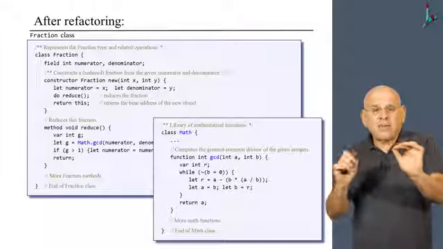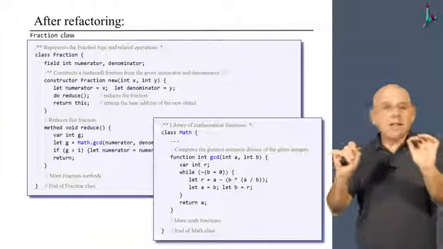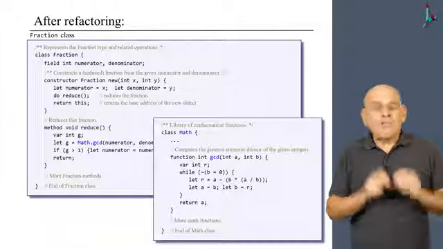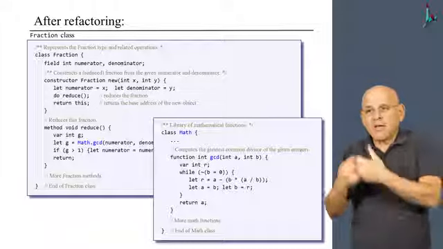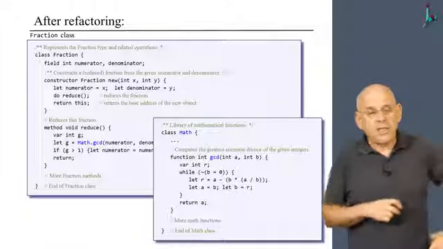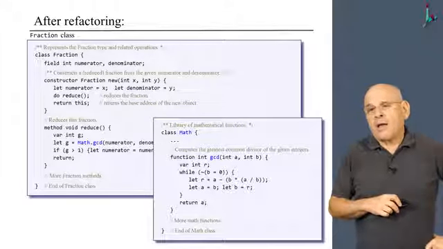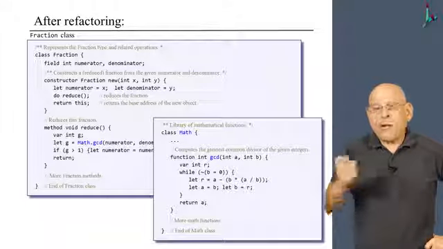So here's an example of two classes that are exactly the classes that I described before. Fraction represents an object, and math is a library of mathematical operations, GCD being one of them. So this is a much better solution. It has many good benefits.